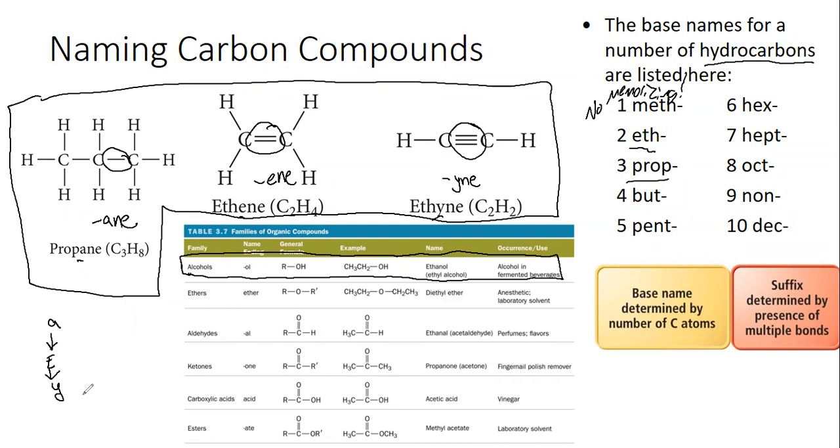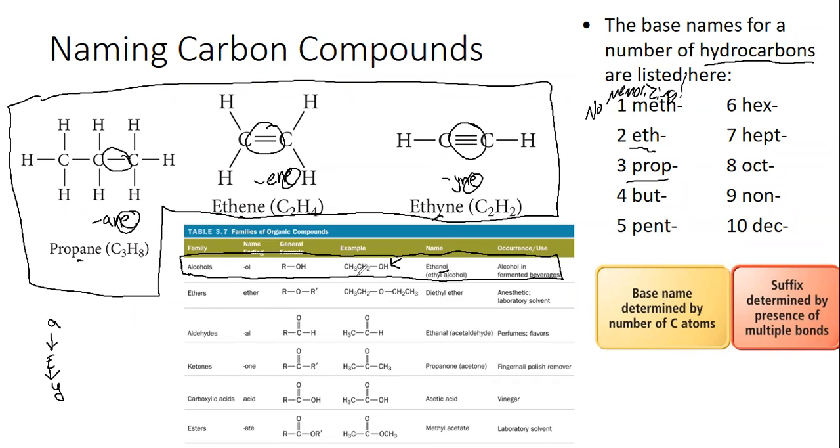Now, if your carbon compound has an OH group, the way you change it is instead of this E here, you change that to OL.